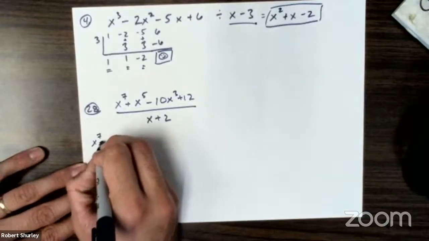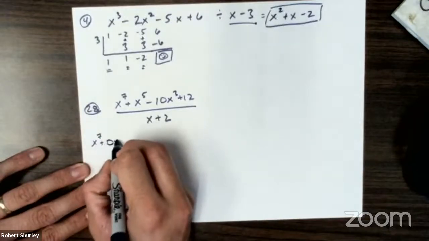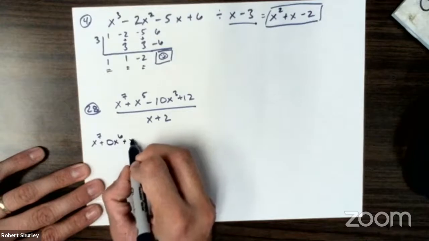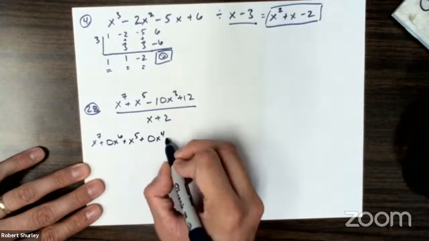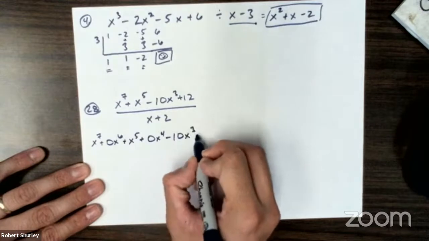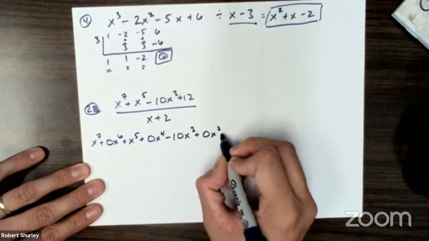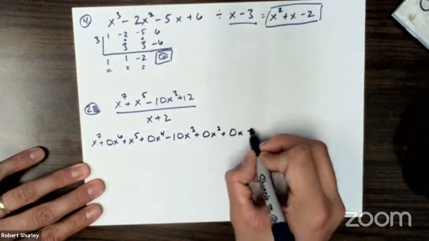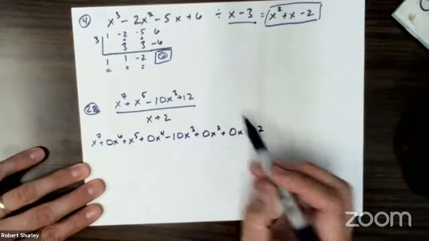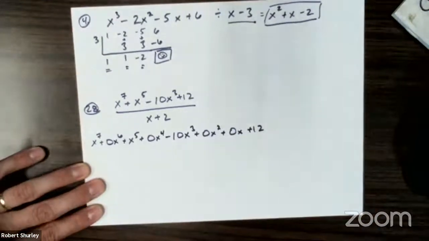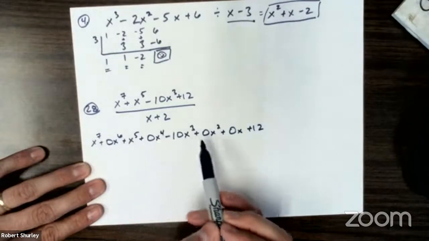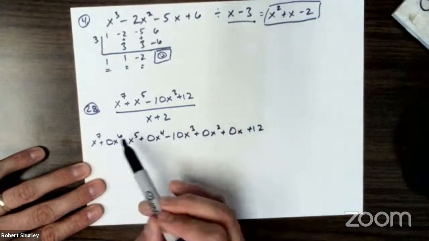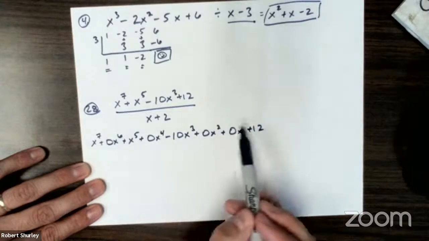So x to the 7th plus, there's no x to the 6th, plus x to the 5th, plus there's no x to the 4th, minus 10x cubed. There's no x squareds. There's no x's, but there's a constant. And even if there wasn't a constant, you'd have to put this here, guys, okay? Holy cow, 1, 2, 3, 4, 5, 6, 7, 8. I've got 8 terms if you include the missing terms.